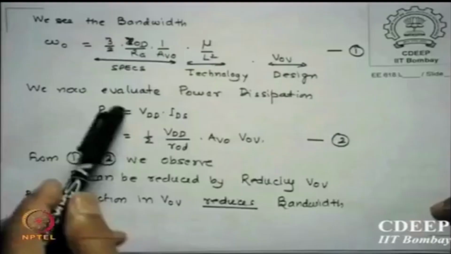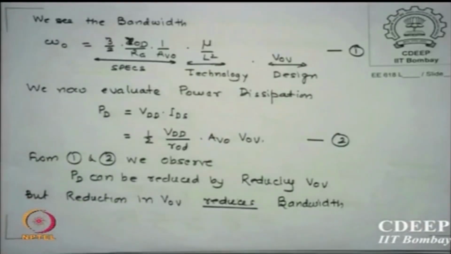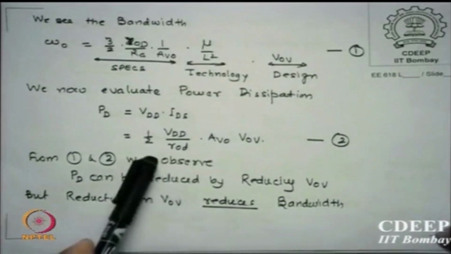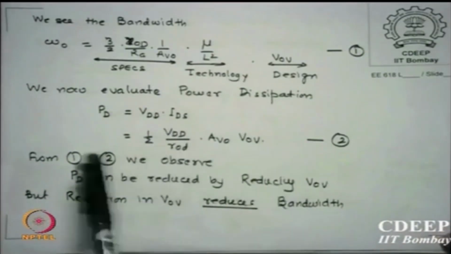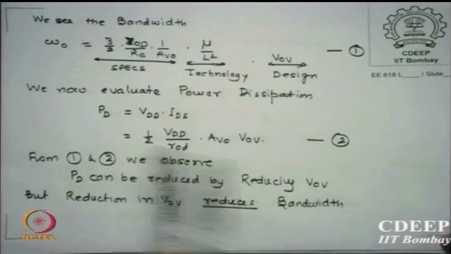Let us look at the power. Dissipation is, IDS is the current, power supply is VDD, so the DC power dissipation is VDD times IDS. If I substitute that IDS expression from this I can rewrite, please check it, AV0 related to GM, please remember what is gain, GM times ROD, is that correct?